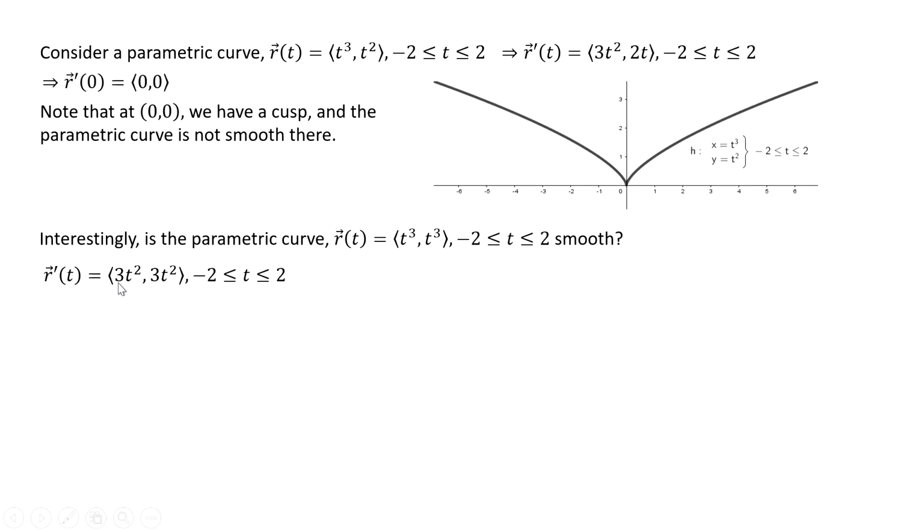R prime of t, of course, is 3t squared comma 3t squared. Will this ever be 0? Yep, at t equal to 0, this is 0, just like the previous one. So the previous one, when R prime of 0 was 0, we had a cusp. Will this have a cusp at t equal to 0, which is x equal to 0, y equal to 0?